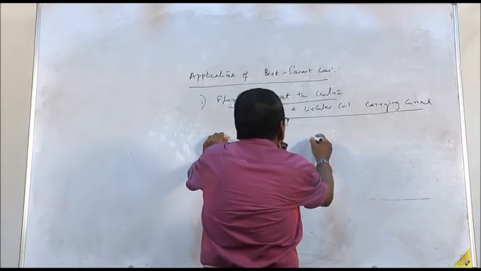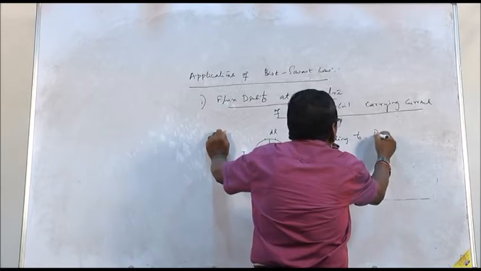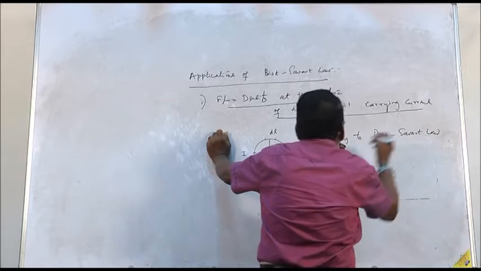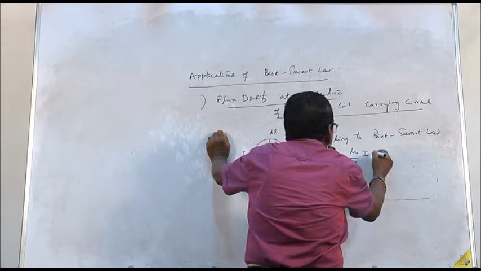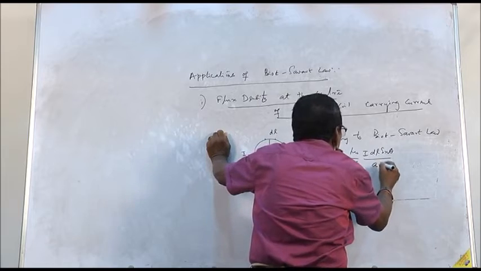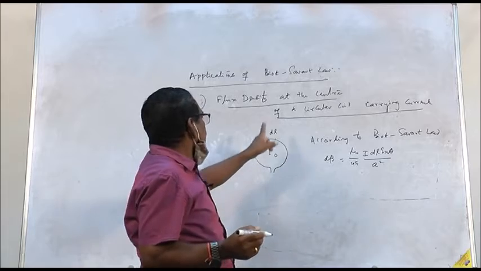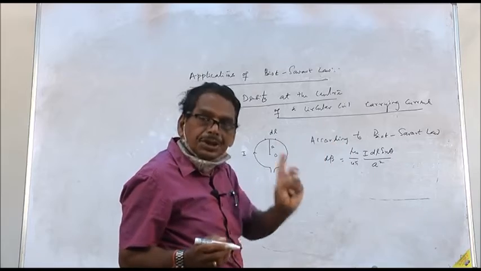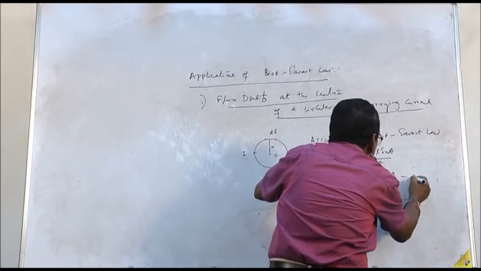According to Biot-Savart law, dB is equal to what? Mu 0 by 4 pi I dl sin theta by distance A square. Current is I, element is dl, angle theta, and distance is A. Here the radius is equal to the distance A. In this case, since it is a circular coil, theta is equal to 90 degrees.